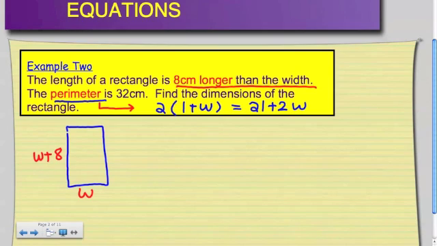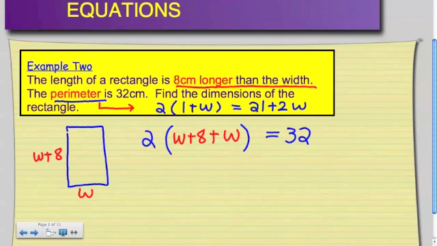So the good thing about this is that we've been able to express our length in terms of our width, so we have the same letter. So when we plug this information into the perimeter formula, our perimeter formula is 2 times length plus width. So my length is W plus 8, and my width is W. And I know that my perimeter is equal to 32.